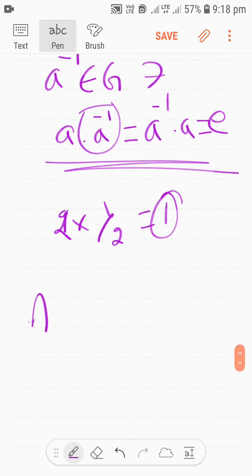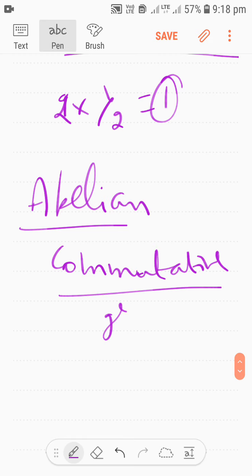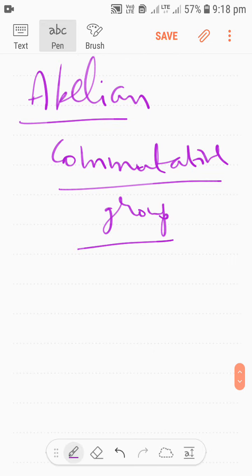Now we are going to see abelian group, or we can say commutative group. Friends, we have to know the other name also, abelian group or commutative group. From the word commutative itself, commutative means a into b equals b into a.